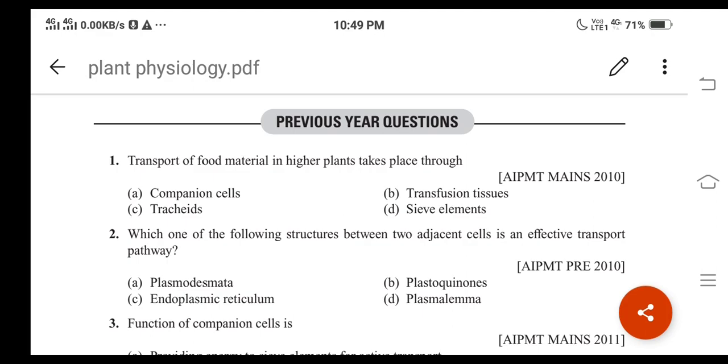So option A is the correct answer, not plastoquinones, not endoplasmic reticulum and not the plasma lemma.